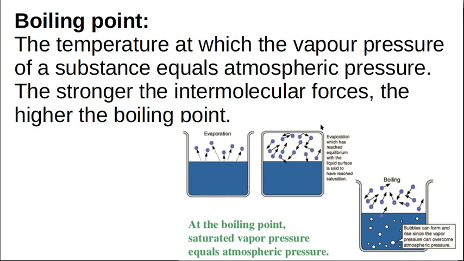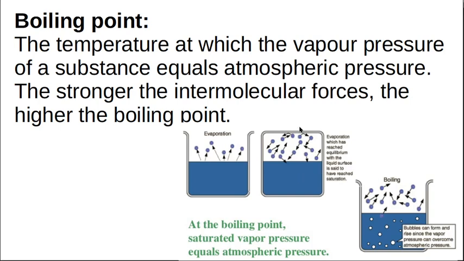But if you seal the container and make a closed system, this is still happening. Some of the water molecules are bumping into each other, gaining energy and becoming a gas. But the rate at which the particles are leaving the liquid to become a gas, and the gas particles bumping into each other and losing energy and becoming a liquid, is in equilibrium.